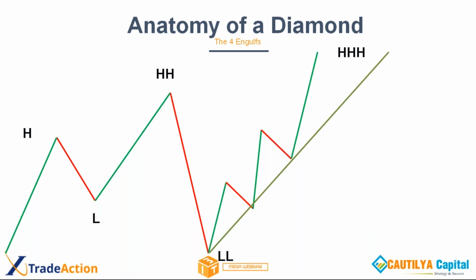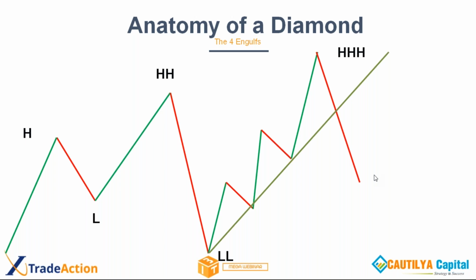Is it not a good trend line, friends? I can draw a trend line, right? There are three valleys: valley 1, valley 2, valley 3. You are just joining them. Correct?